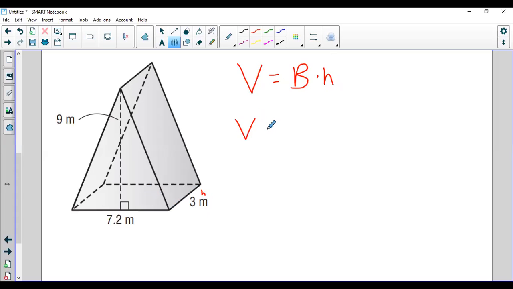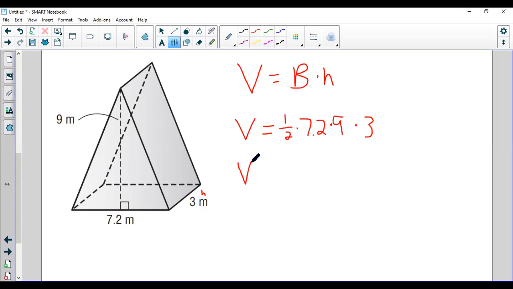So volume is equal to the area of the base times the height. Well, the area of the base is a triangle formula, so it's going to be 1/2 of the base of the triangle, 7.2, times the height of the triangle, which goes up here, that's 9, times the height of the prism, front to back, 3.